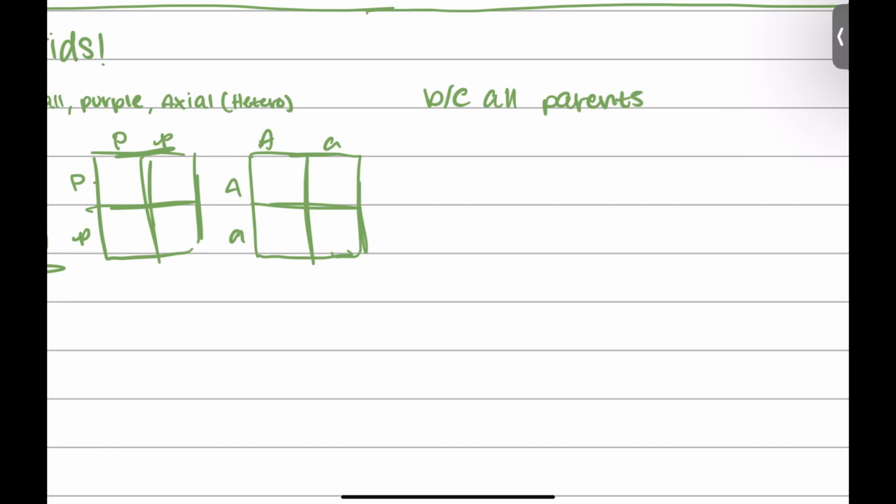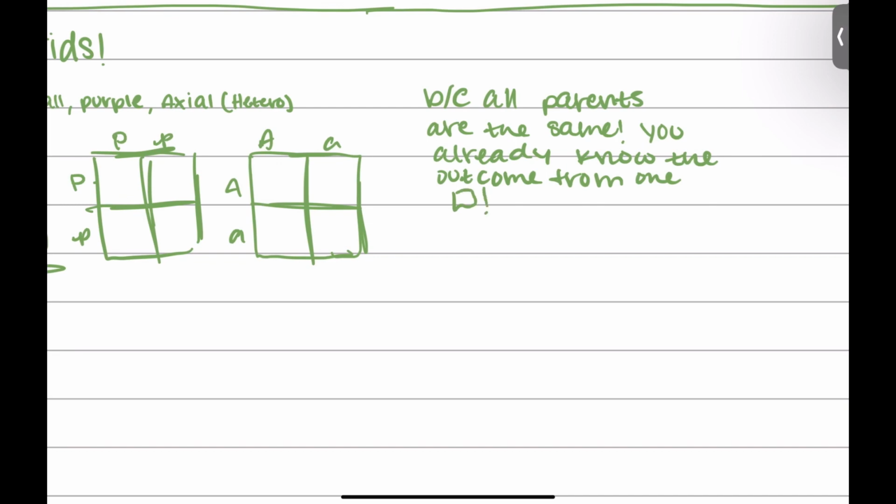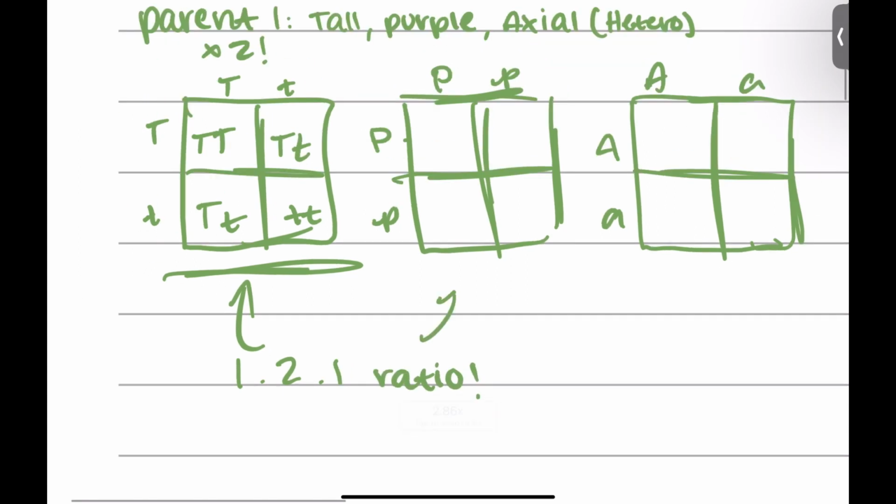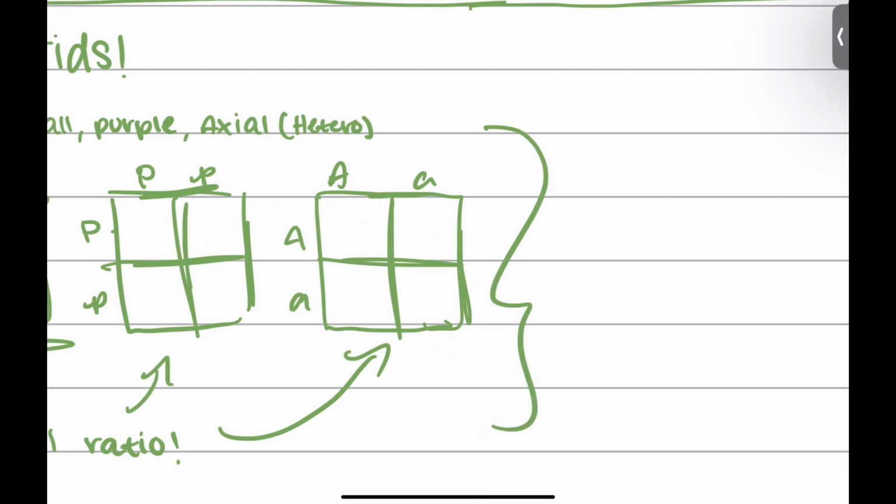All the parents are the same, so you only have to really do one Punnett square. The outcome is all going to be the exact same. So since we have the 1:2:1 ratio, like I just wrote, it's going to be the same for those other ones.